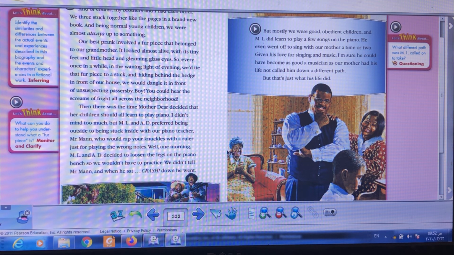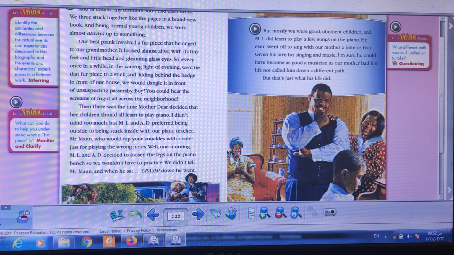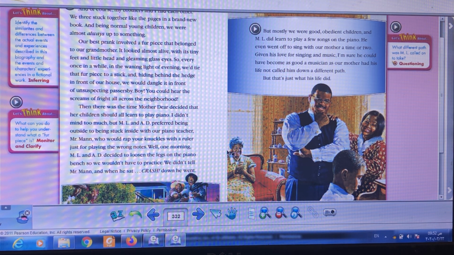Those children, Martin Luther King, his sister, and their brother Daniel, all of them will feel discrimination. They will feel that the American people were treating them differently because they were black.